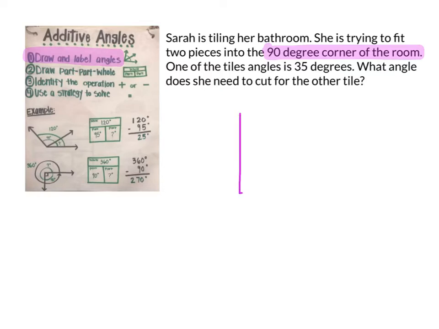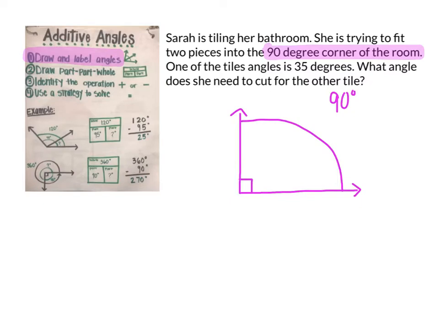We could use an index card or a piece of paper to help us trace this perfect square corner. I'm going to label it with a little square. We know this whole angle measures 90 degrees.